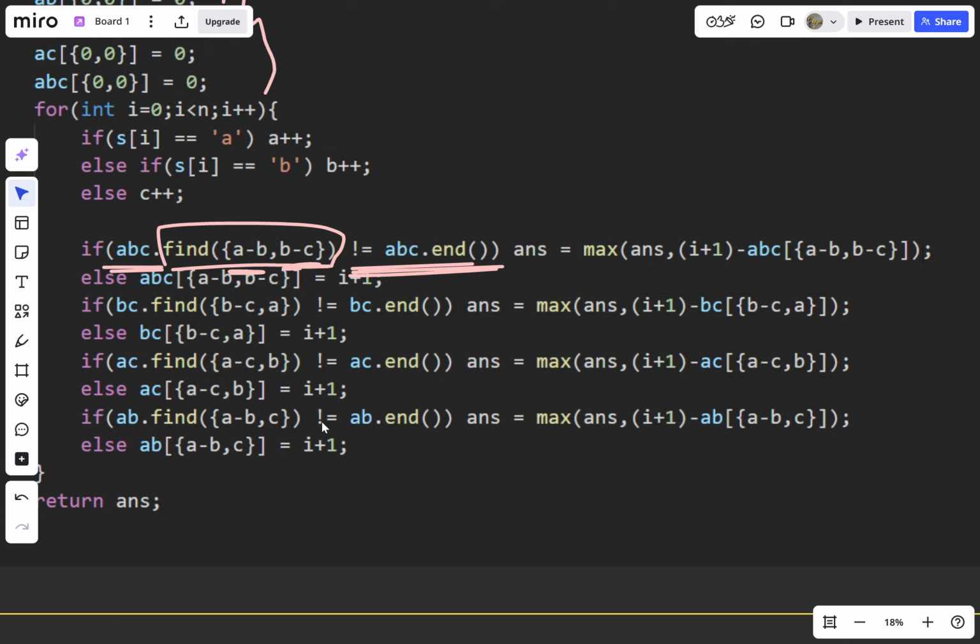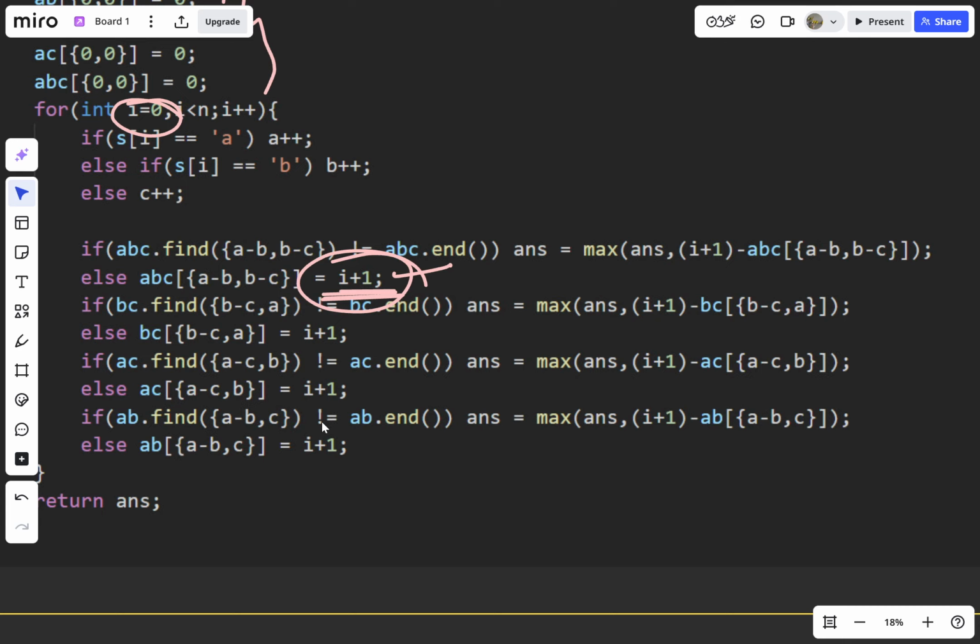After this, if it is not present, we will initialize it with the I plus 1 index, because we are working with 1 based indexing and I is 0, so we will assign the value as I plus 1.